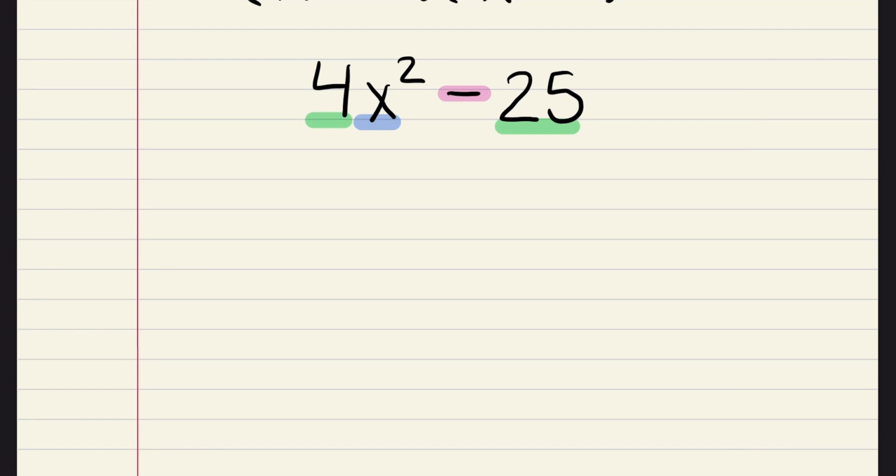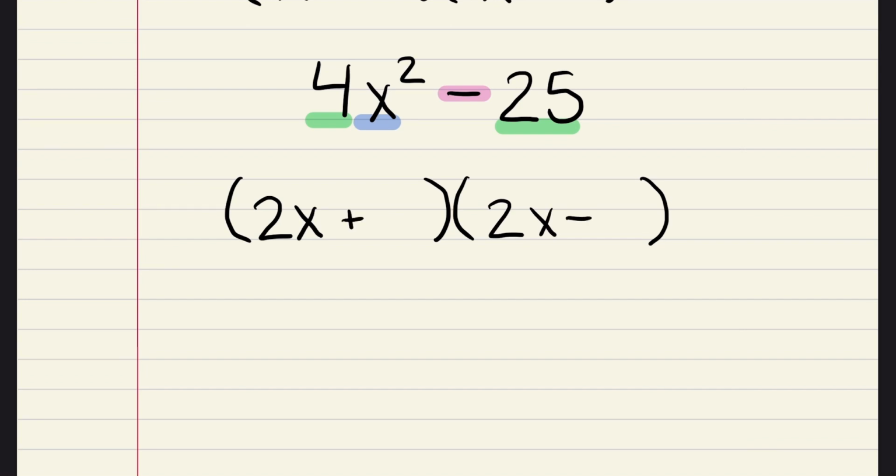So in this case, you'd set it up much the same, and you would take the square root of the 4x squared, which is 2x, because the square root of 4 is 2, and the square root of x squared is x. One would get a plus, one would get a minus, and then I'd follow it up with a 5. Again, as long as everything's a perfect square.